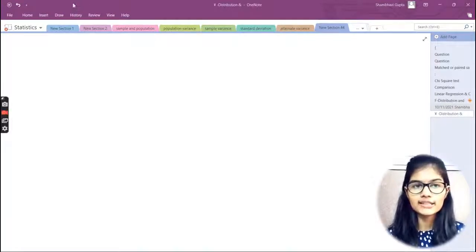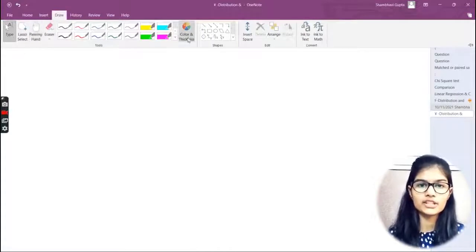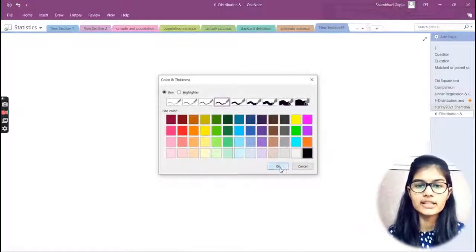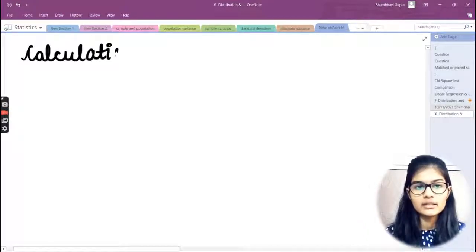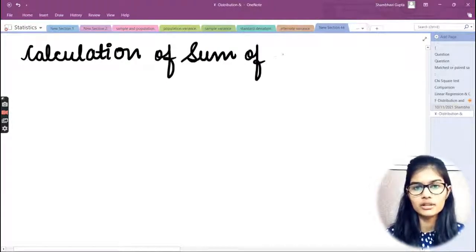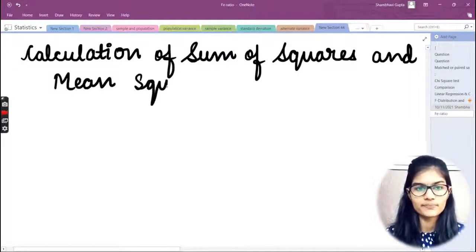So as we already discussed the mean of squares and sum of squares, all the things we are already familiar with, right? So now I'll be discussing one of the very important topics today, and that is basically the calculation of sum of squares and mean square.